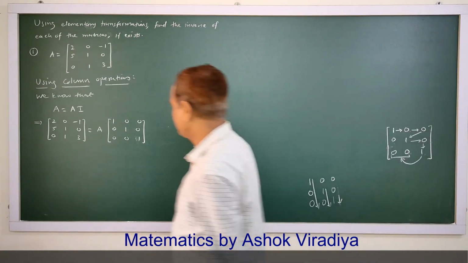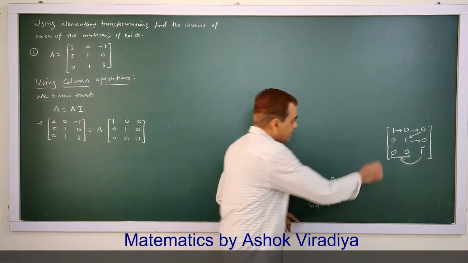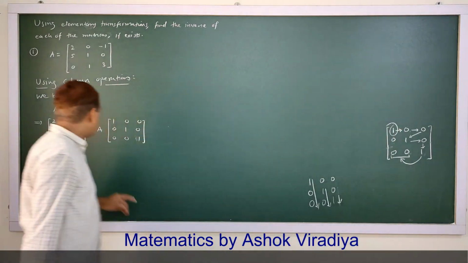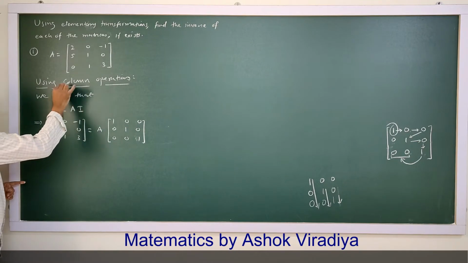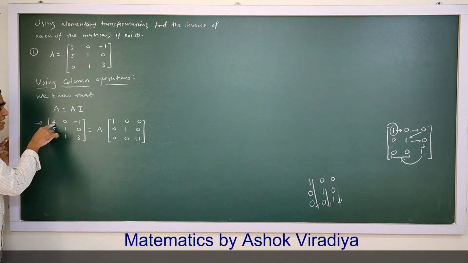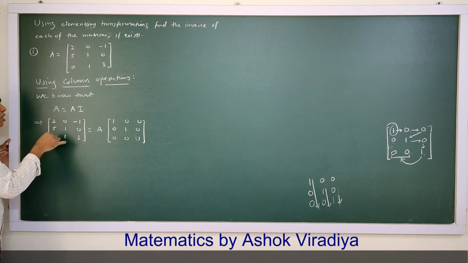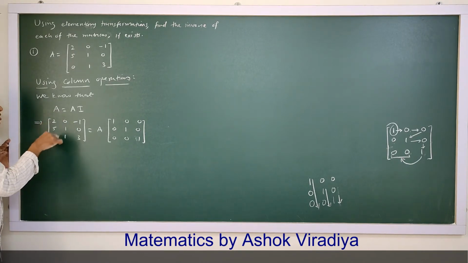So first of all, here we want 1. We want 1 first step. So to get here 1, remember we are using only column operations. So to get here 1, what we do? We divide column 1 by 2. Dividing column 1 by 2.